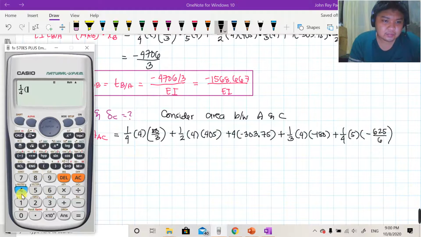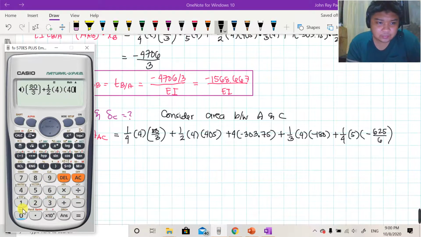So, 1/4 ng 4 tapos 80 over 3. So, plus 1/2 ng 4 tapos 405 plus 4 negative 303.75 plus 1/3 ng 4 tapos negative 180 and lastly 1/4 ng 5 negative 625 over 6.